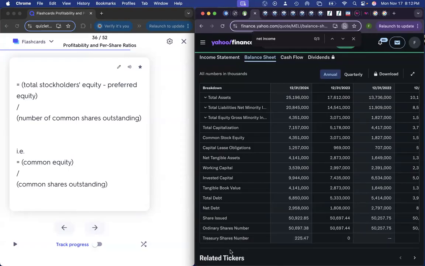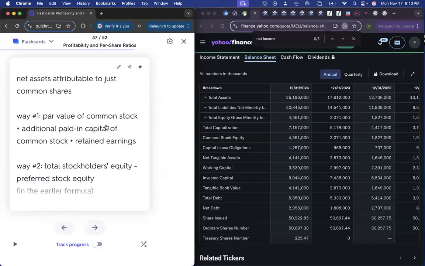And you divide it by the number of common shares outstanding, which you would probably have to get by dividing, like if they had said the par value here, which was $4, you would divide 50,697 by $4 to get the number of shares.